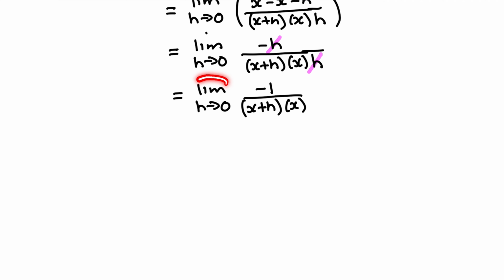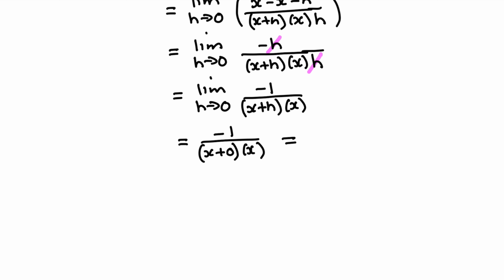Now, I can remove this limit by substituting h with 0. So if I substitute 0 in the place of h here, we still have x times x. So the denominator doesn't become 0, so it's a valid substitution. So this will be negative 1 over (x + 0), which is simply x, times x.